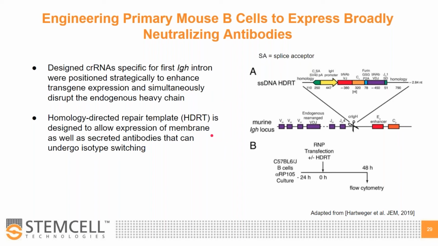The homology-directed repair template is a single-stranded DNA and was designed to allow expression of membrane as well as secreted antibodies that would be able to undergo isotype switching and maturation.